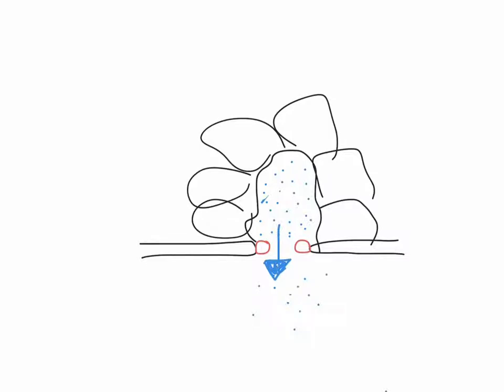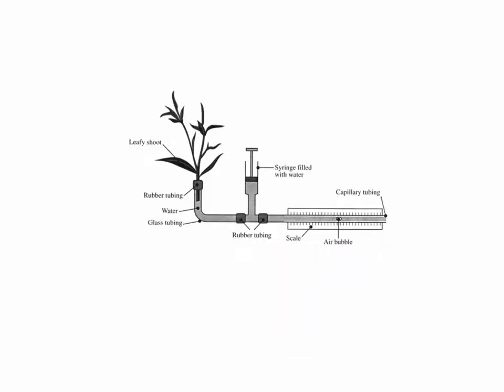So on a very humid day, you can see that the concentrations are almost the same. So transpiration is going to be even slower. Now, we can actually look at or try and work out the rate of transpiration by using apparatus like this. Now, there's a bubble in this apparatus. So this apparatus is called the bubble potometer.